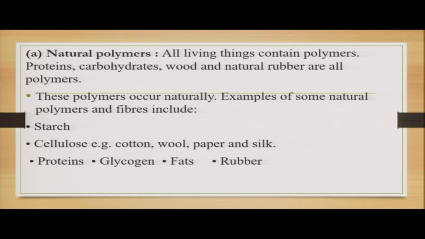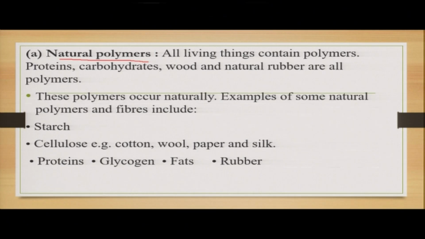The first group that you should remember is natural polymers. Polymers can be classified into two groups: they can be natural or they can be artificial. The natural polymers are found in all living things.